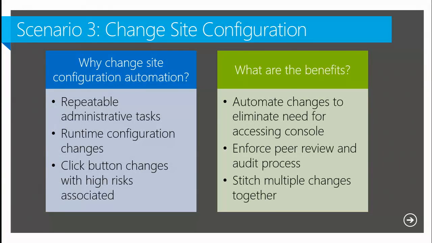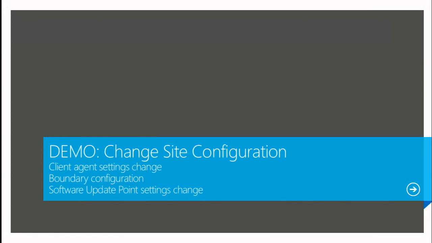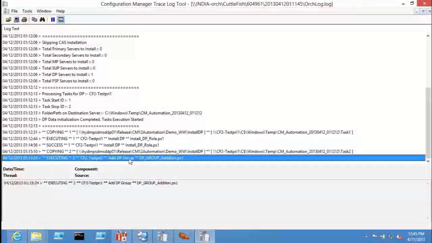If we know this is the list of changes that need to go in this particular week, we can queue them up, and in one particular weekend or off-business-hour time window, we can say, execute these changes, even though they may be completely different changes. We can execute them as part of the same task config and build config file. And we'll look at a demo where we'll show you how simple it is to stitch together different kinds of changes in one simple task config and build config file.